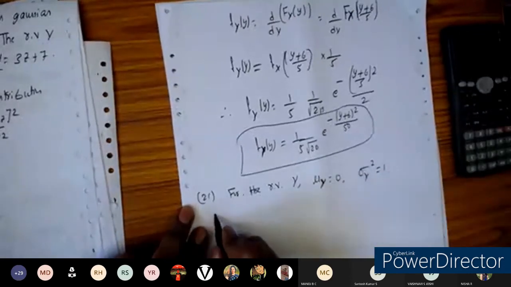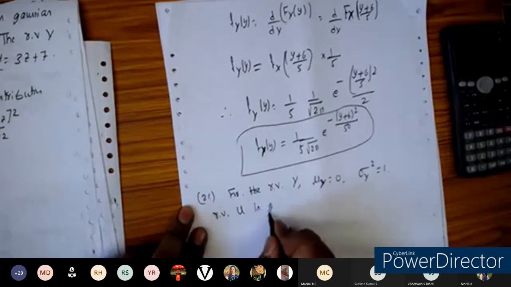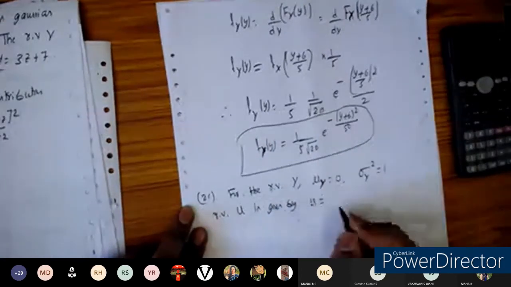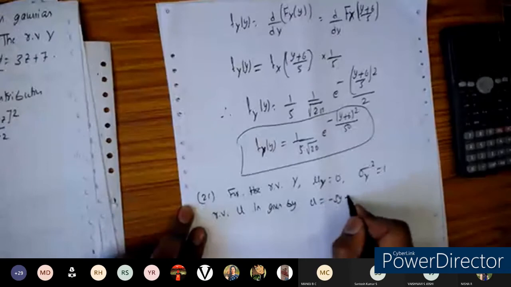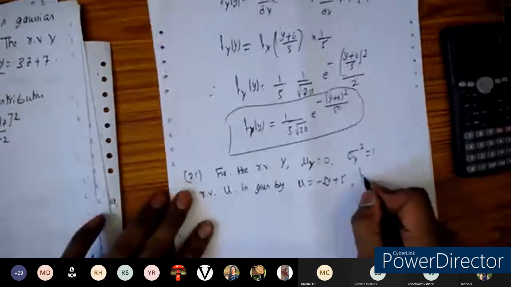Random variable U is given by U is equal to minus 3Y plus 5.